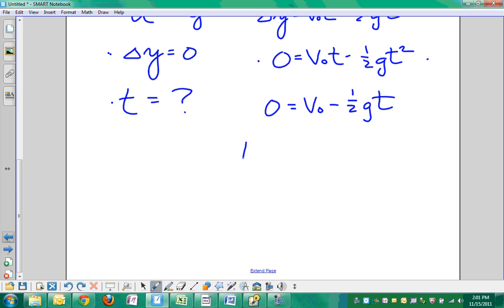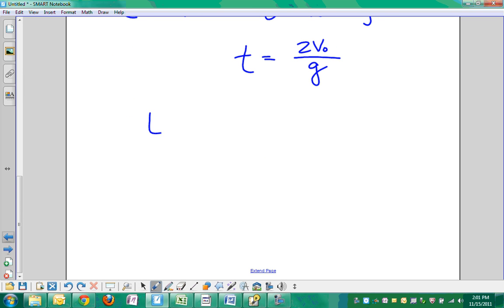And solving for t, we get, anybody? How about 2 v naught over g? We're doing algebra still. And then when we plug everything in, we get t is equal to 2 times v naught, 30 meters per second, divided by g, 9.8 meters per second squared.